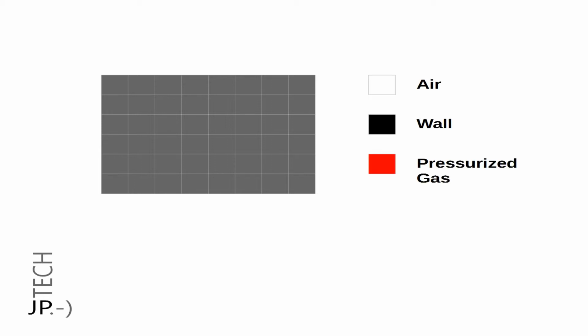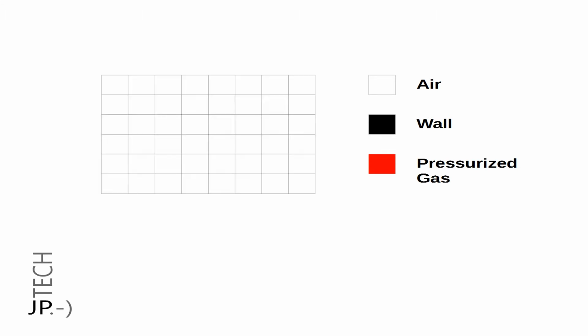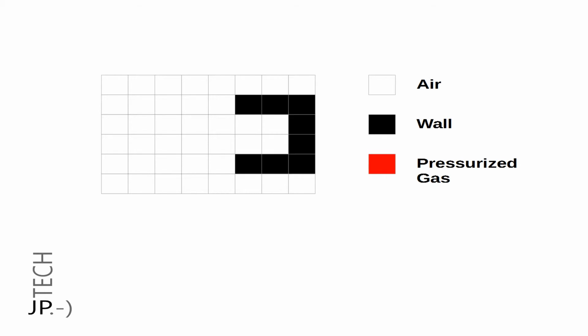Let's talk about input and visualization. Again, we start off with our array of cells. We have three types of cells: air, wall, and pressurized gas. As we build our model, we start off with all air cells. Then we'll build a wall or a couple of walls and add some pressurized gas inside the container we created.